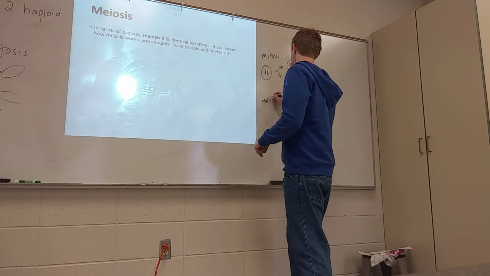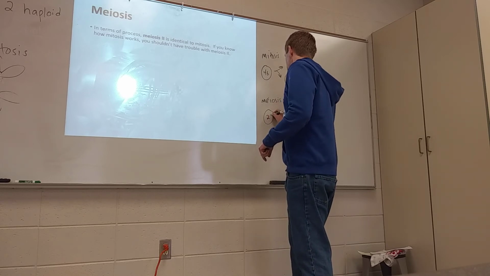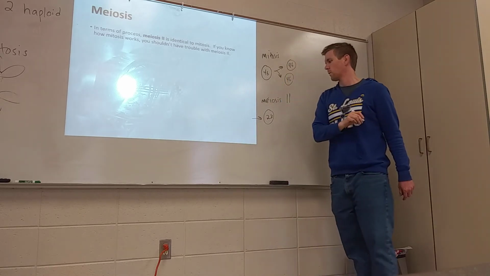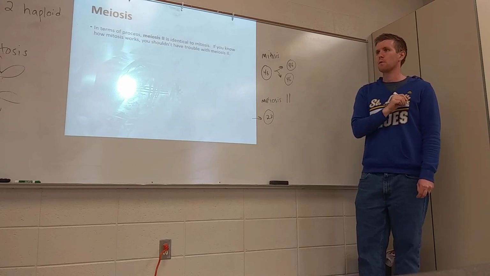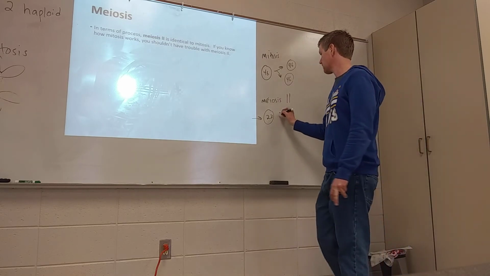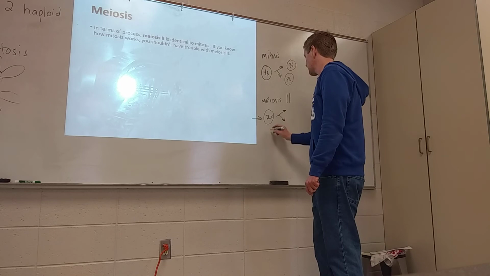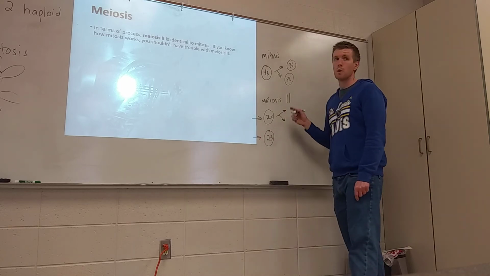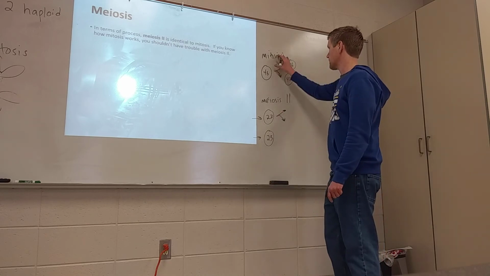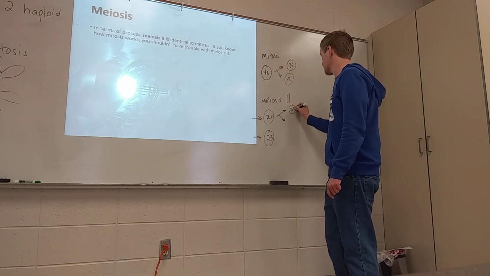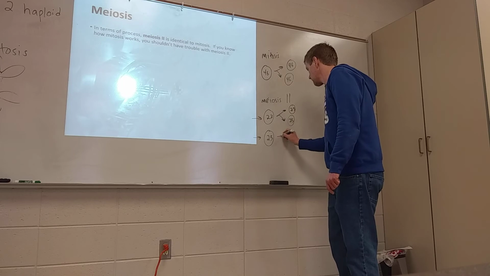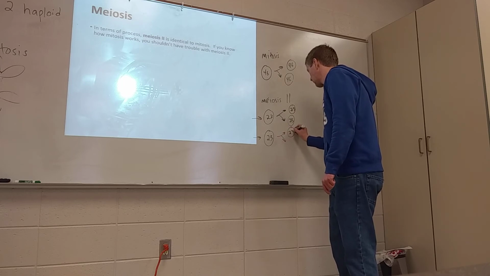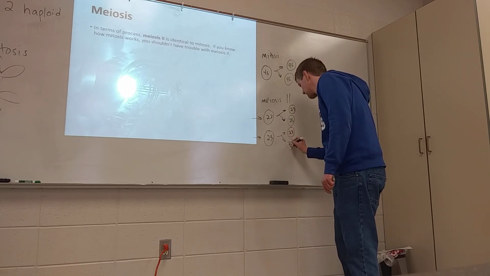In Meiosis II, we've already done Meiosis I, which gave us the haploid 23 chromosome daughter cell. In fact, it gave us 2 of them. And in Meiosis II, we're just going to do the same process as mitosis, only we're starting with 23 instead of 46.